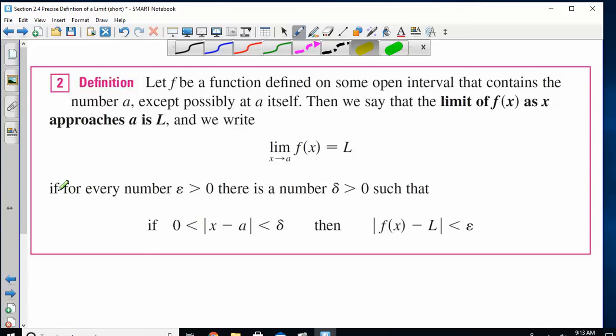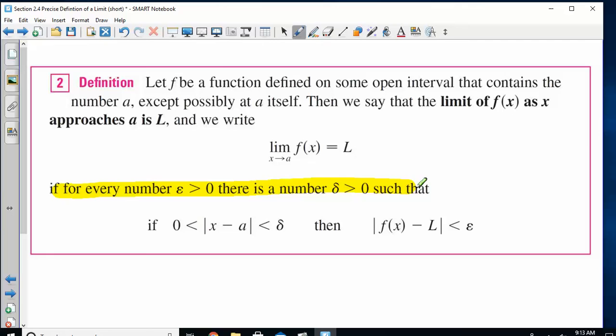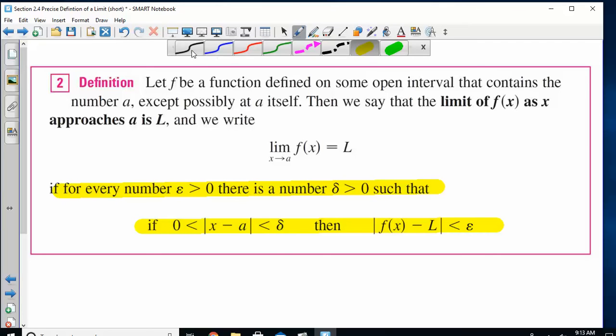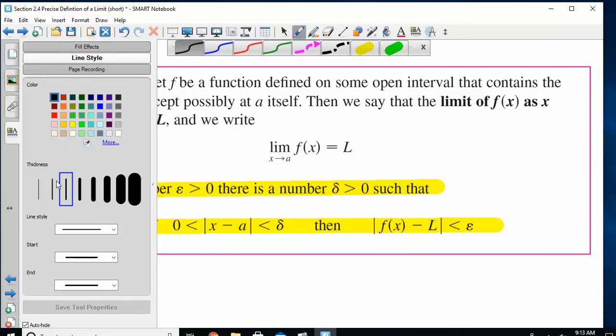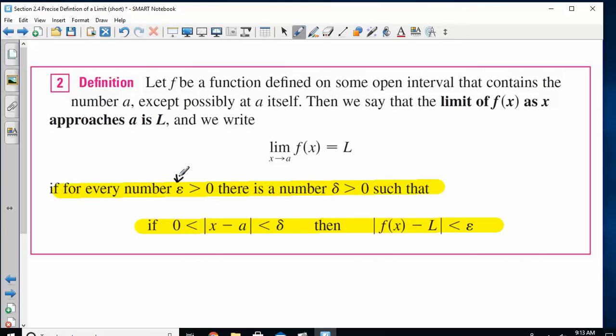It means for every number, this curvy E is what's called an epsilon. For every number epsilon greater than 0, there is a number, what did I tell you the symbol was?